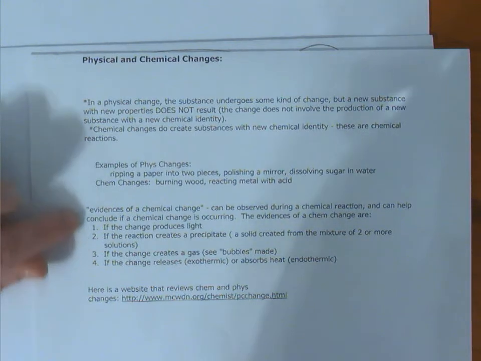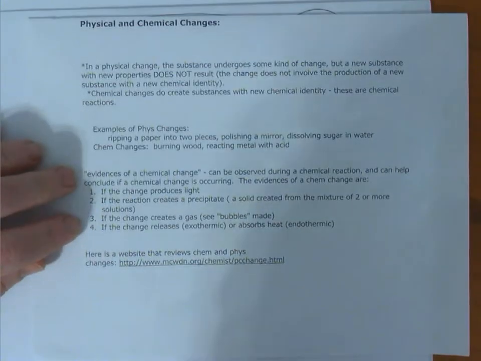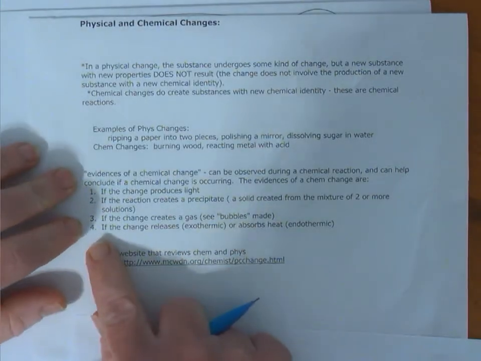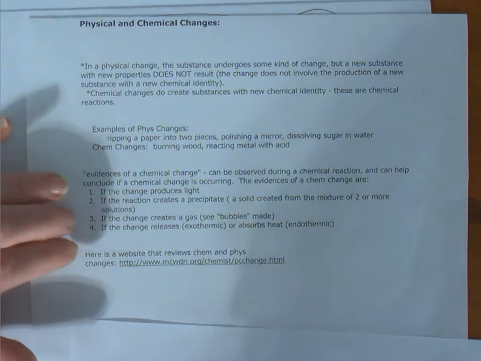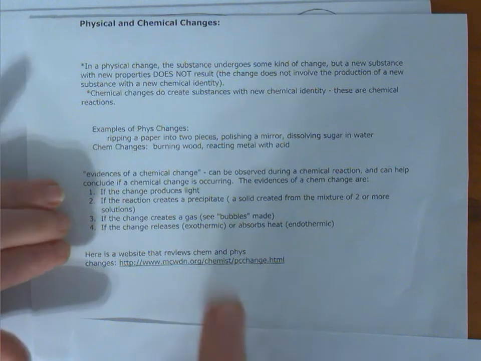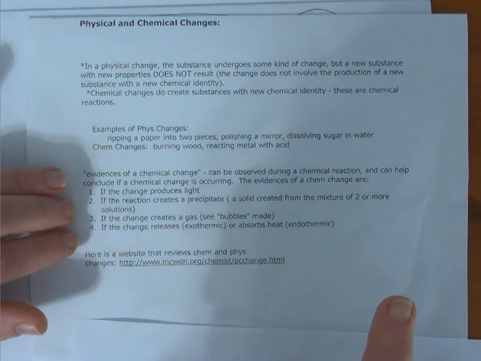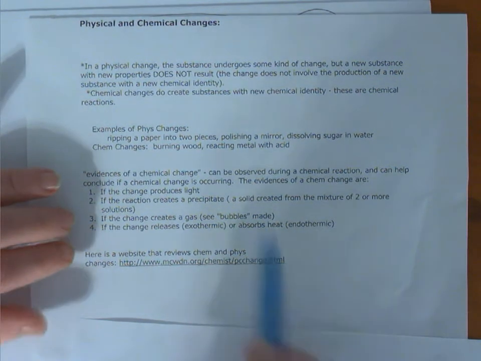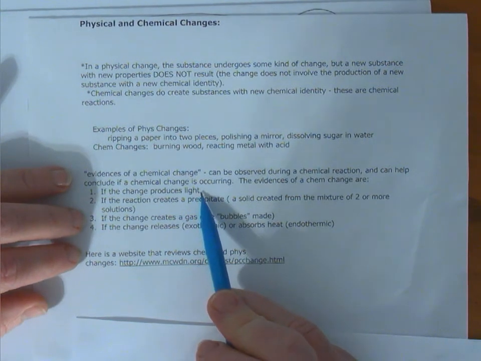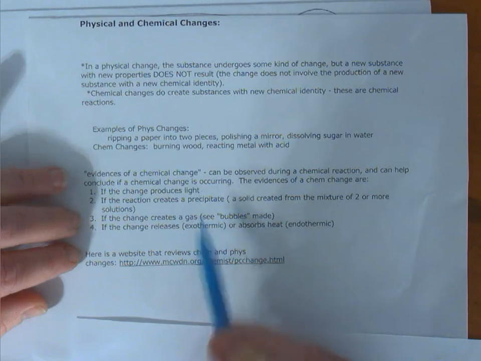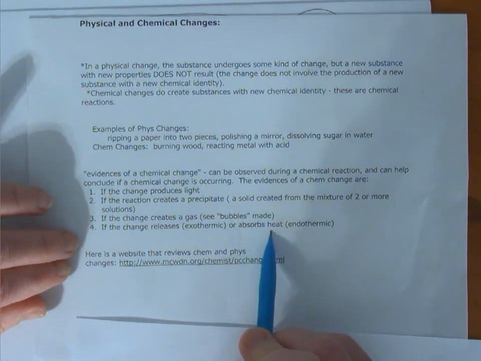Can we take a look here? Often there are clues in the change that let you know you're forming something new. Chemical changes always involve a change of energy. That could be released as light, or it could be released or absorbed as heat.